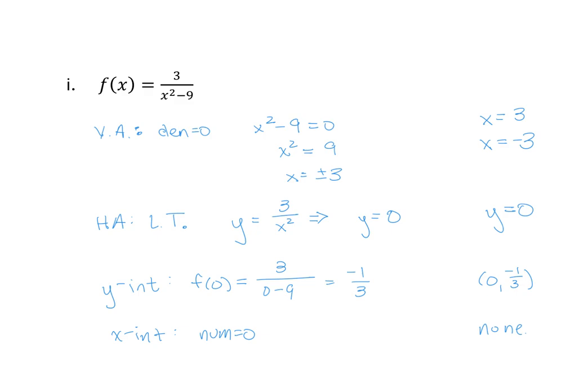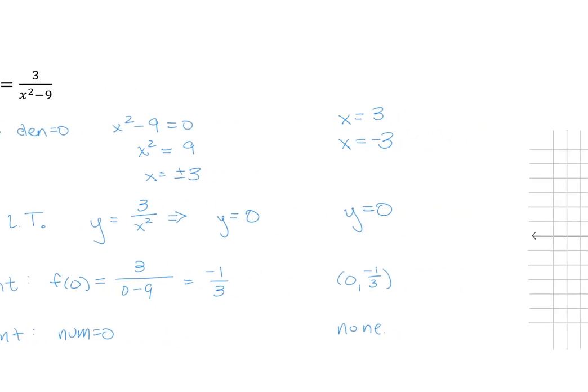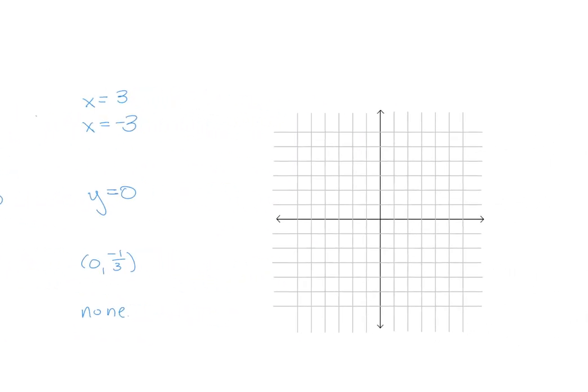All right, so let's go ahead and start graphing this. We're going to start with our asymptotes. We have a vertical asymptote at x equals negative 3. We have another one at x equals positive 3.